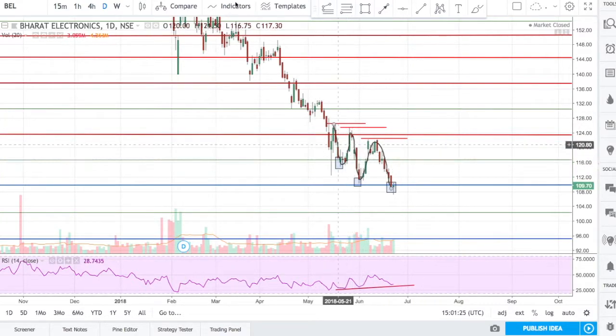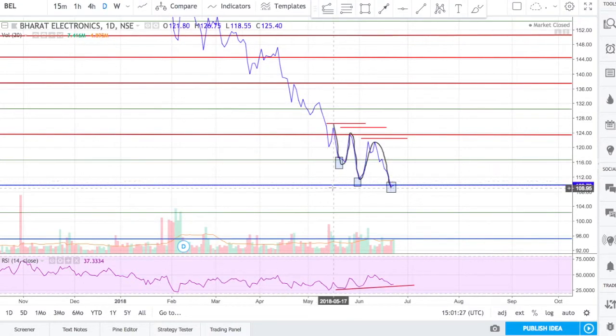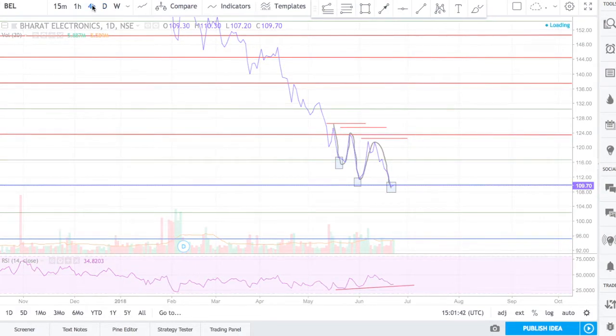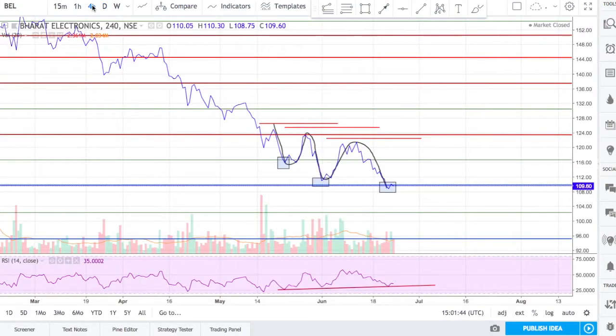On a daily time frame, we have this low, and this low. As you could see here, this is the point corresponding to this low, this point corresponds to this low, and this point corresponds to this low. So on a 4-hour chart and on a daily chart, we have RSI diverging along with 3 lower lows.